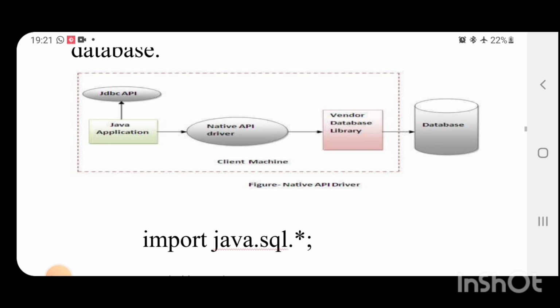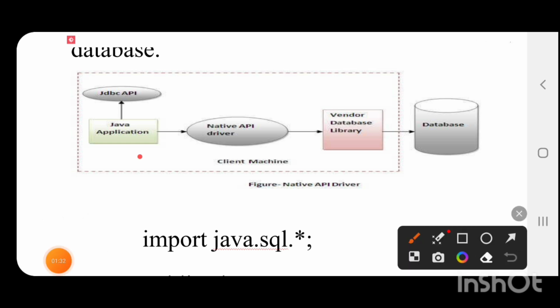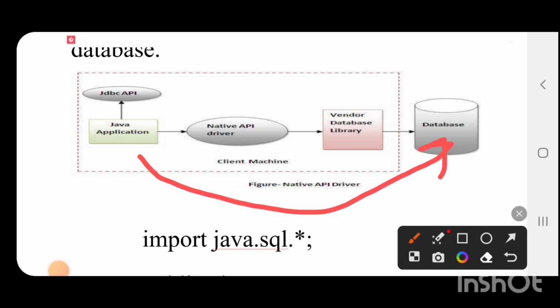Another disadvantage is that the native API driver needs to be installed on the client machine. Whenever a Java application wants to interact with the database, it first goes to the native API driver, where the method calls are converted, and then it can interact with the database by using the vendor database library.